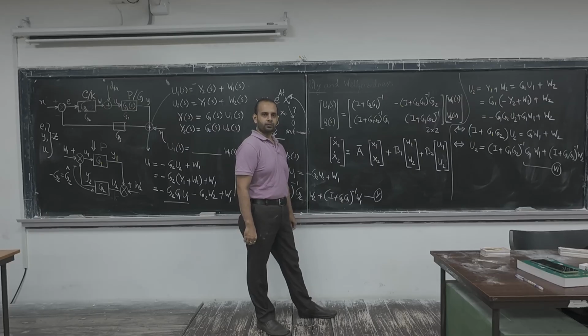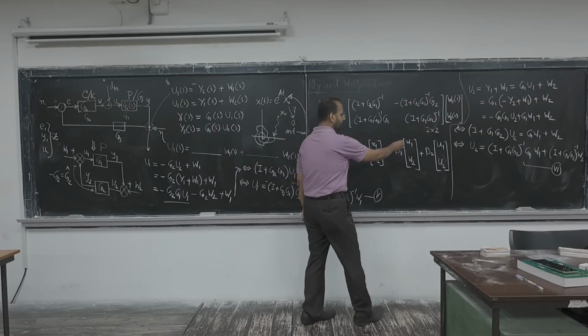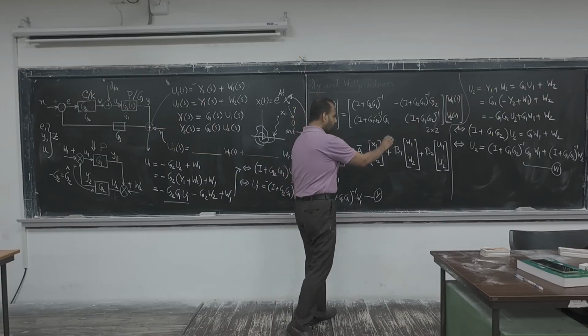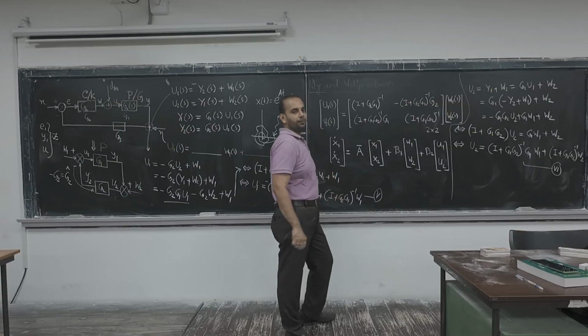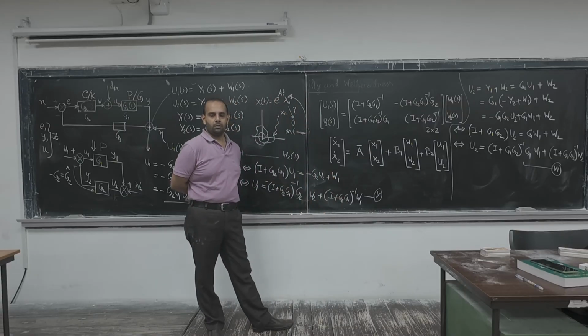And all the exogenous signals, they are 0, okay? So if w1, w2 equals 0, then what happens to the remaining part? It becomes A x1, x2.